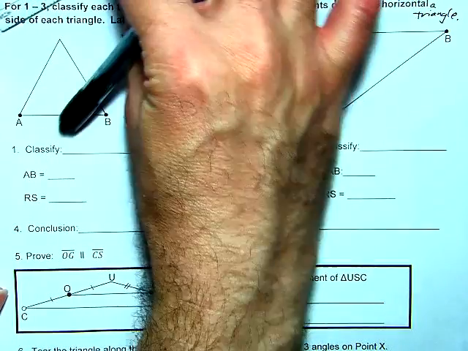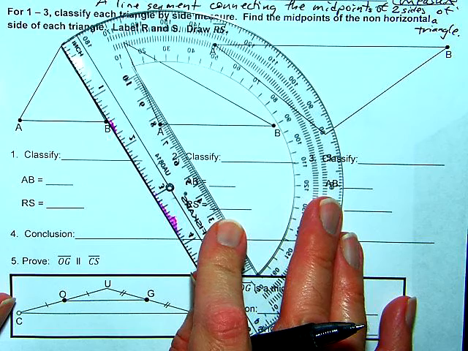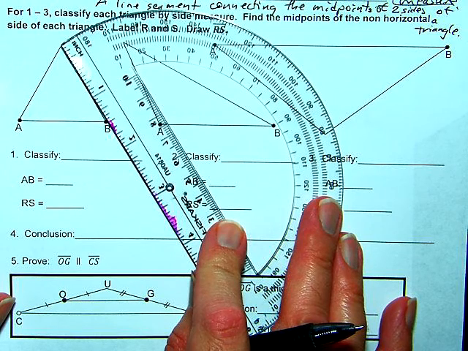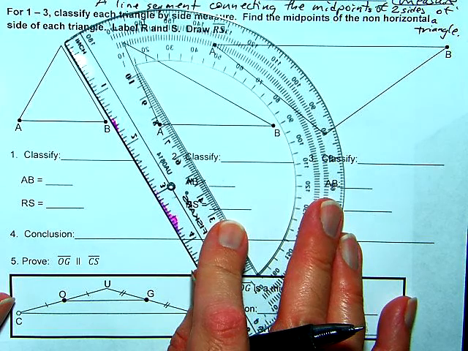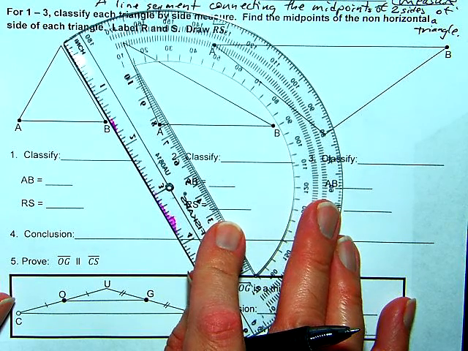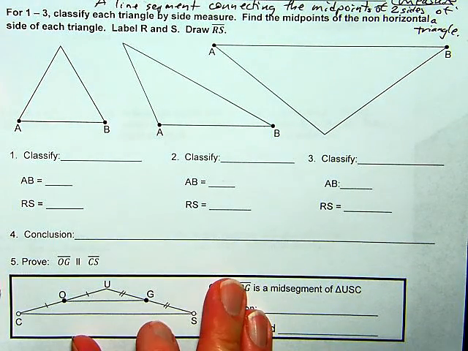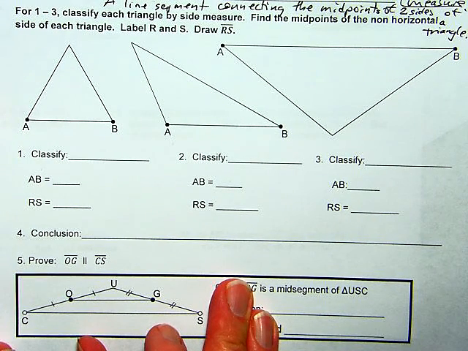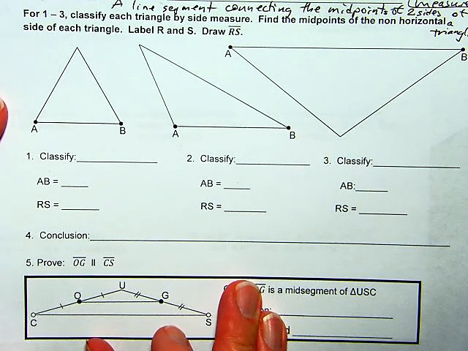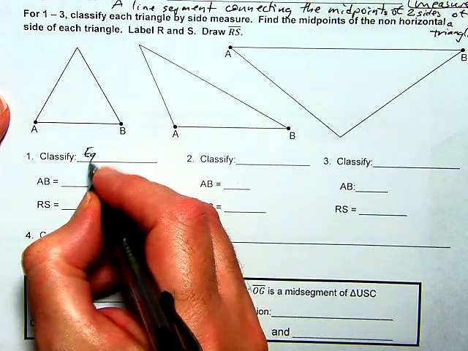So these two sides are the same, and let's measure the third side of this triangle as well. You'll see it is exactly the same measure. So all three sides of this first triangle have equal measure, which means that all three sides are congruent. They all have equal length. Therefore, what kind of triangle is it? It is an equilateral triangle.